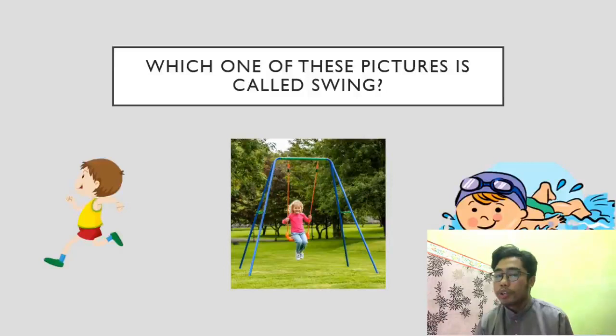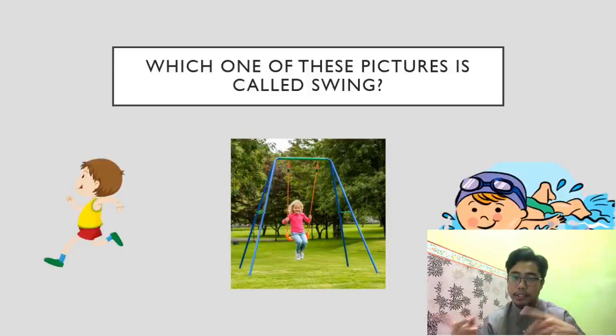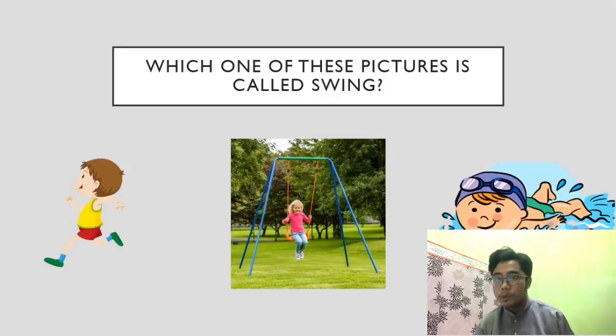The boy is wearing trainers and he is running. So run is not swing. Look at picture number 3. The boy is wearing goggles like the man in the previous slide. There's water there, so he is swimming. So the answer is picture number 2, swing.